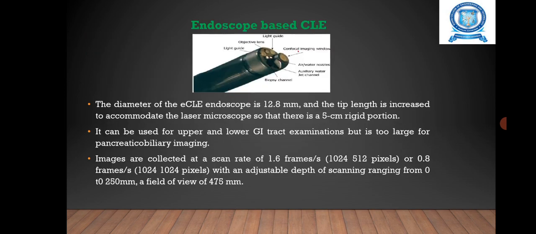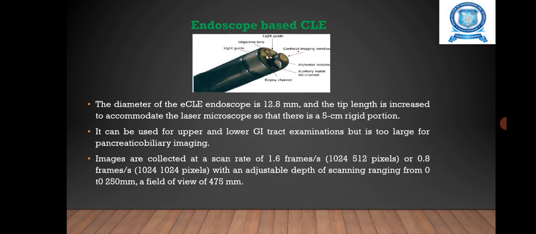The next one is endoscope-based CLE. Here the diameter of the endoscope is 12.8 mm and the tip length is increased to accommodate the laser microscope, so that there is a 5 cm rigid portion. It can be used for upper and lower GI tract examinations but is too large for pancreatic imaging.